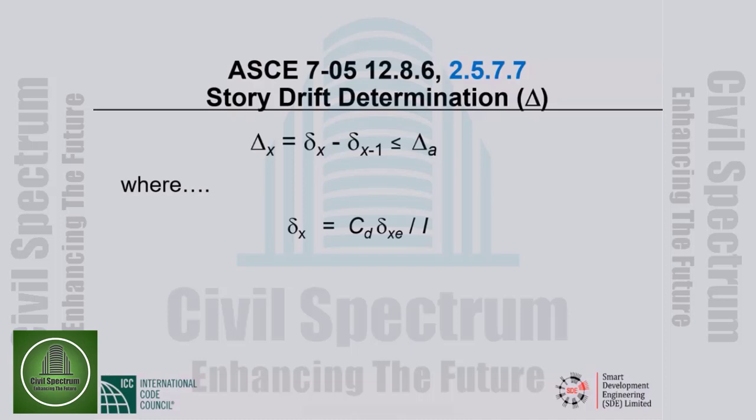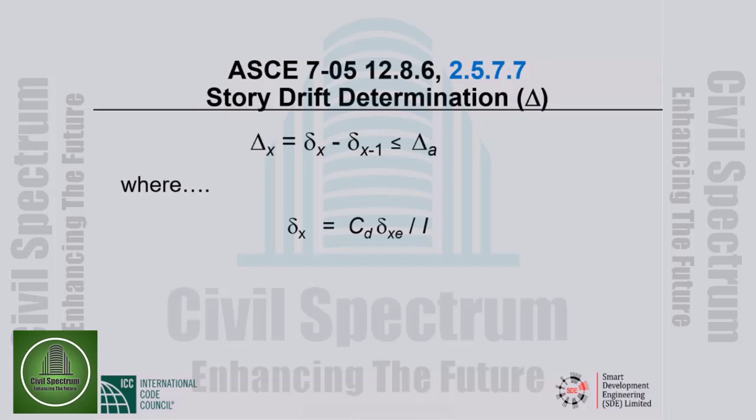Our estimate of the design earthquake displacement is the elastically computed delta sub xe multiplied by the deflection amplification factor C sub d, which is given in the R values table. Okay, so C sub d times delta sub xe is our estimate of design earthquake displacement. Now we divide that by the importance factor I to take the occupancy of the structure kind of out of the picture.